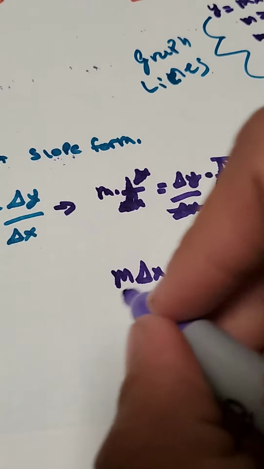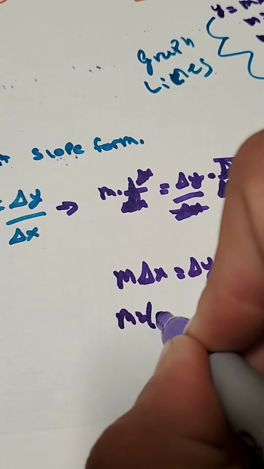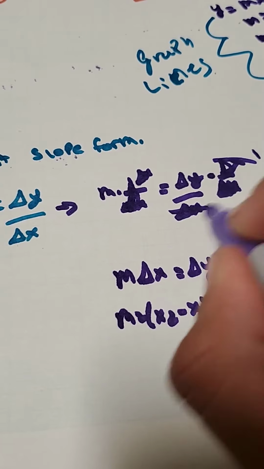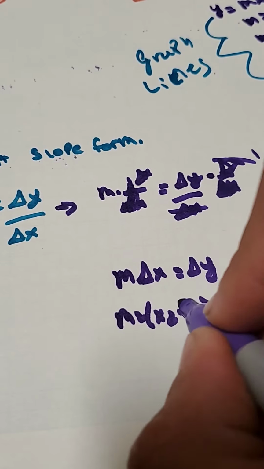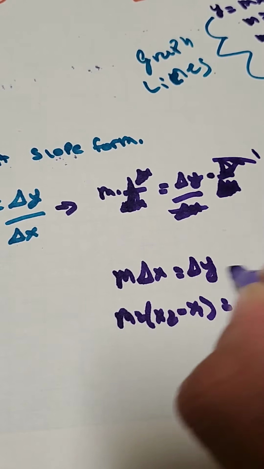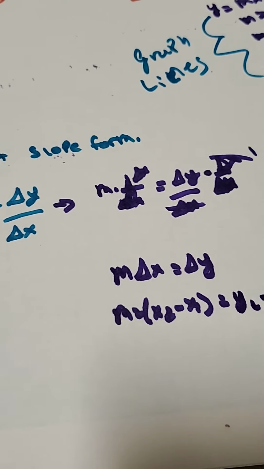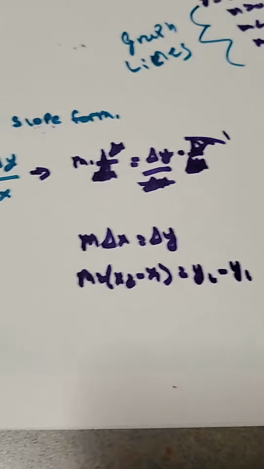Delta x is x2 minus x1, and delta y is y2 minus y1. Let's rewrite that on another sheet of paper.